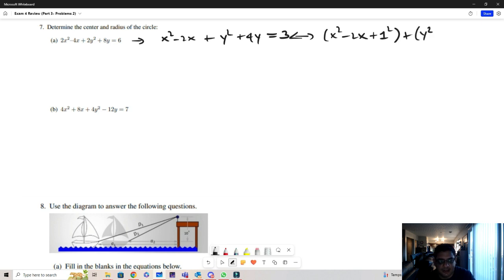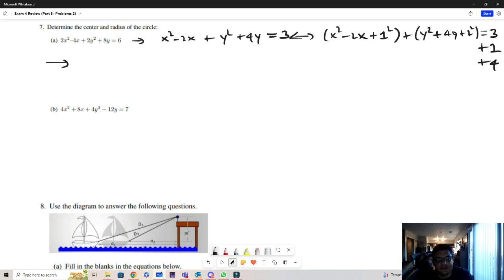On this side, we divide 4 by 2, and so we're going to add 4. So this is y squared plus 4y plus 2 squared, and that equals 3 plus 1 plus 4.